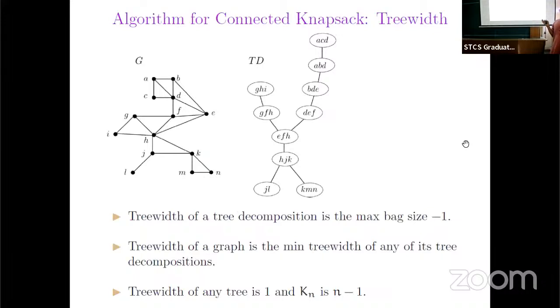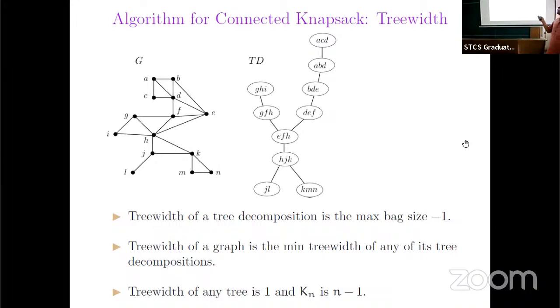So now next, I extend this algorithm to arbitrary graphs with respect to treewidth. Treewidth is a notion I will briefly introduce. For any graph, I can do what is called a tree decomposition of a graph.